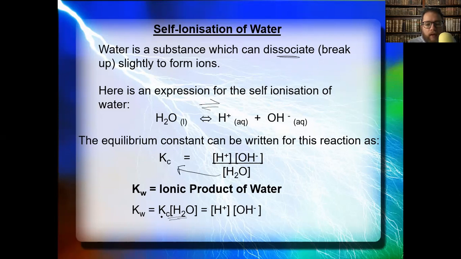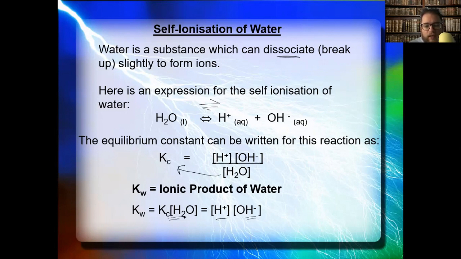So we get this value called Kw, the ionic product of water, and that gives us H plus concentration by the OH minus concentration. So some very important points to note here: the expression for the self-ionization of water is the breakup of water into its ions, and then the equilibrium constant would be this, giving us the Kw, which is this.